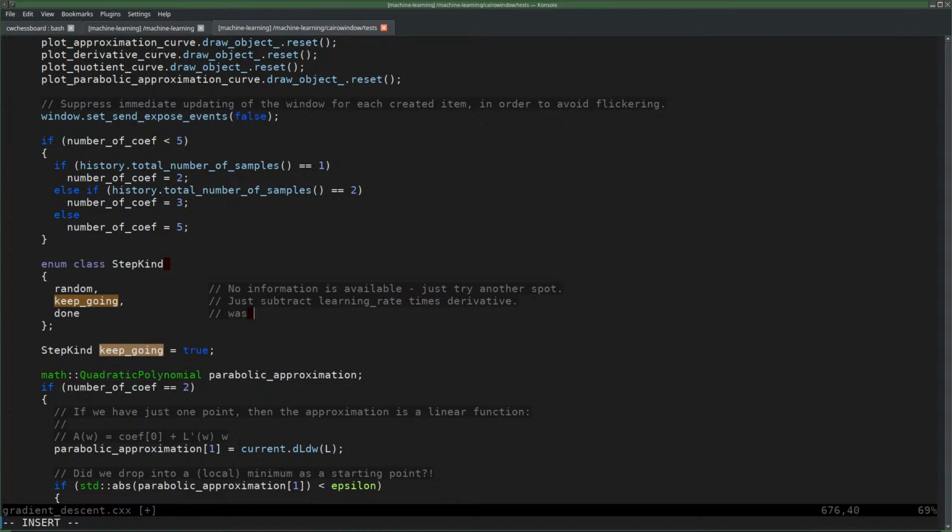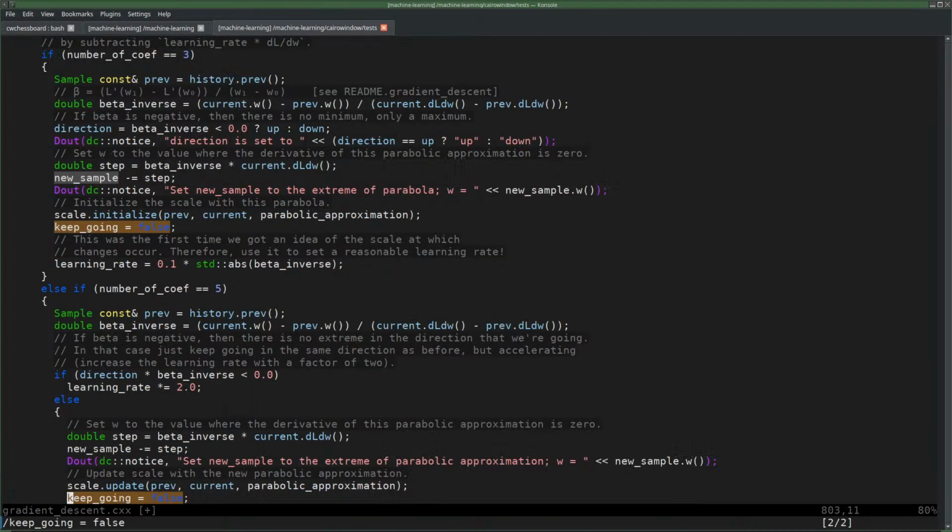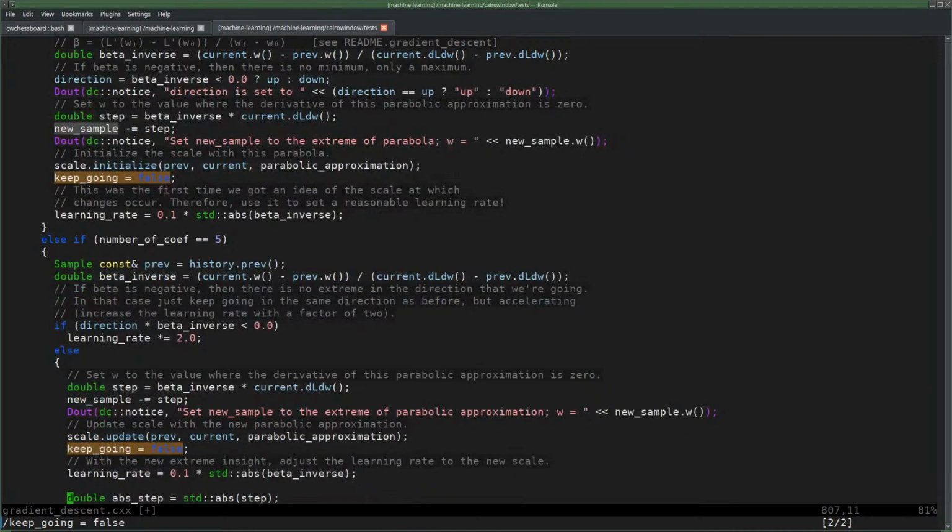Was already updated. That means that's where I currently set keep going to false. So what is updated then? New sample.